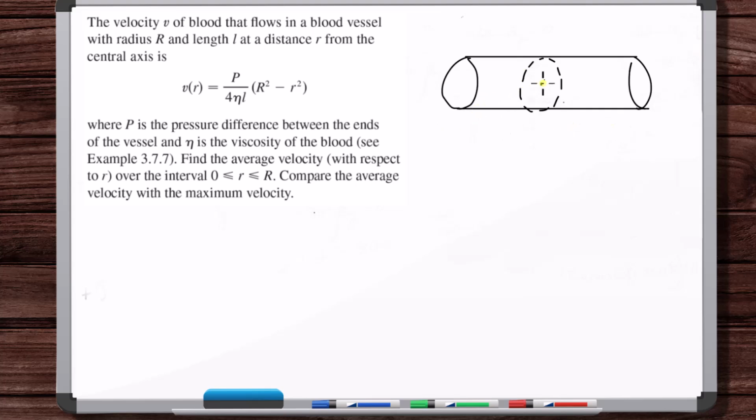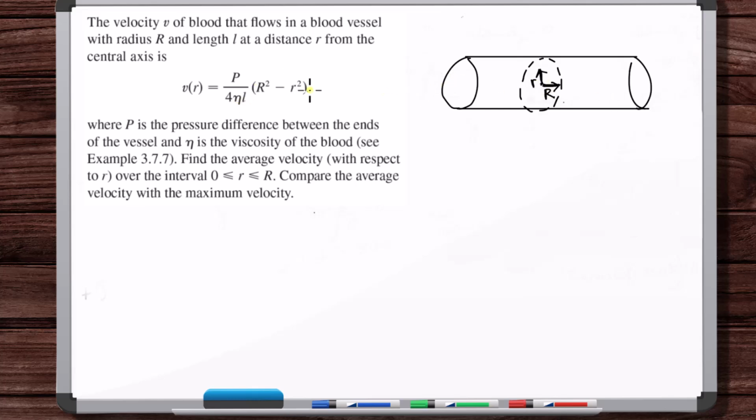You have the same velocity profile at any cross section, and r is any radius between zero and capital R. Capital R is a constant; lowercase r is the variable. When r is equal to capital R, the blood sticks to the walls, so the velocity is zero. And I believe when r is equal to zero, that's the maximum velocity.